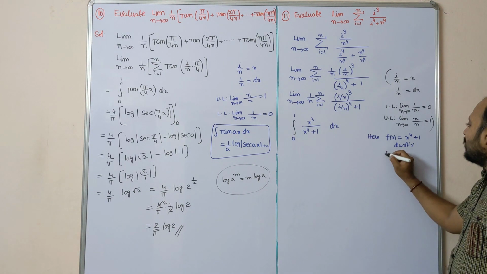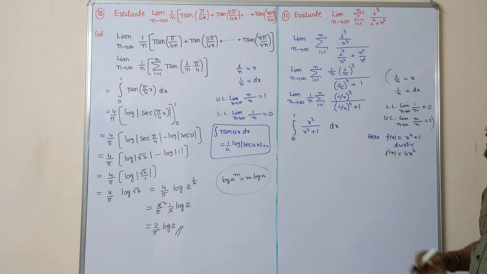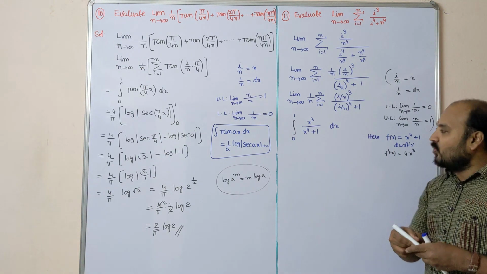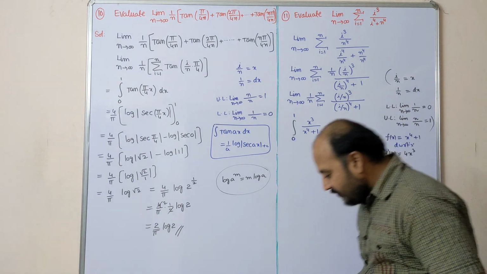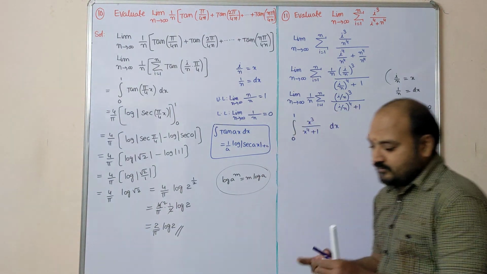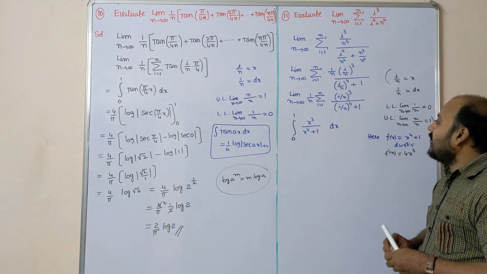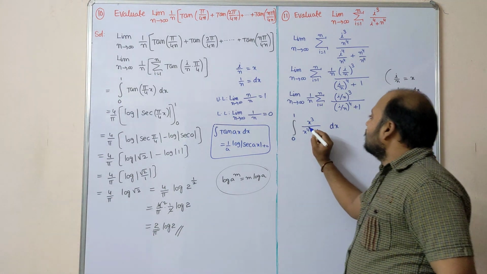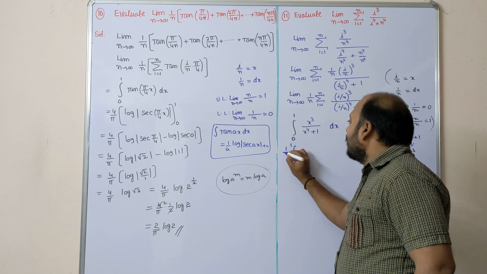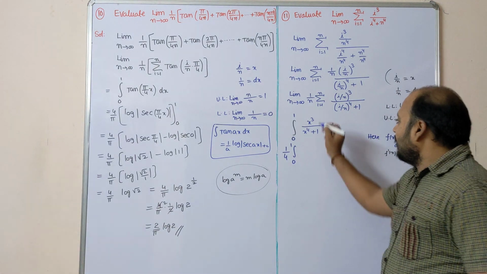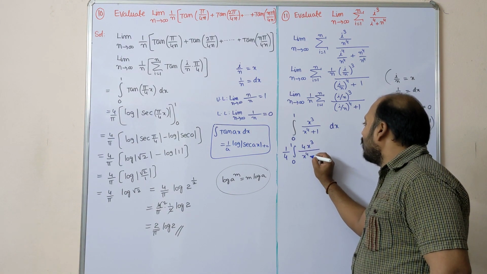F dash of x is 4x cube. But 4x cube is not there in this. So what I am doing is multiplying and dividing by 4. So in the next step, integral 0 to 1, here dividing by 4, here multiplying by 4, by x power 4 plus 1.